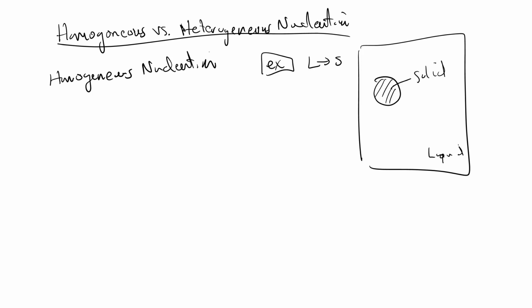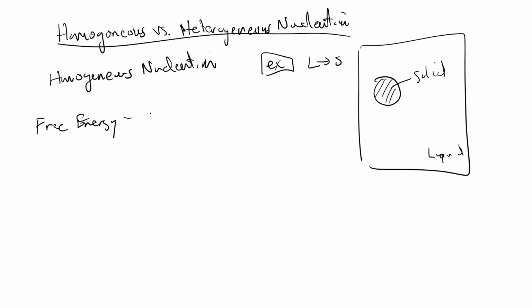Now, the whole idea is we're going to look at what happens energy-wise that makes this possible. So this is sort of an energy balance. So we're going to look at a free energy argument.